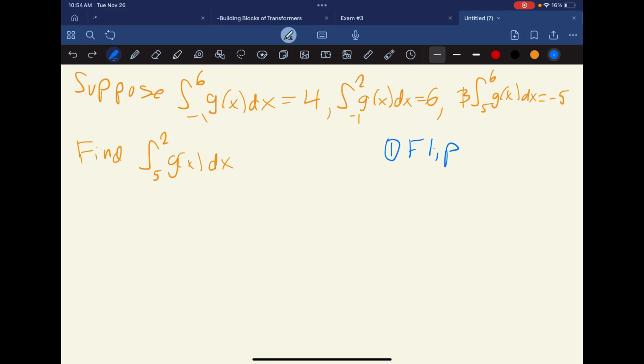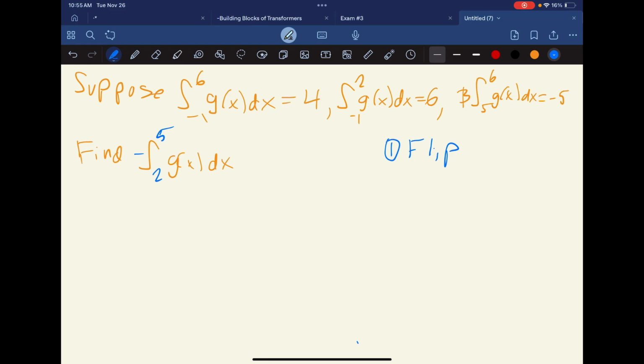You need your smaller number on bottom and your bigger number on top. If you ever run into an integral where that is not the case, like this one, you need to take a negative sign out front and then swap the bounds. So now our larger number is on top.